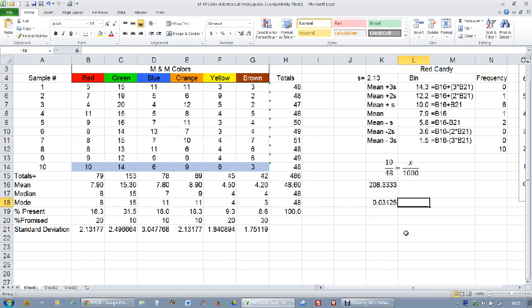Well, if we have 10 M&Ms in a bag, multiply it times our answer, that's how many ounces are red. So we could say 0.03125 per 1.5 ounces.